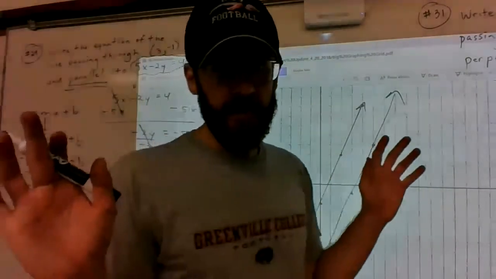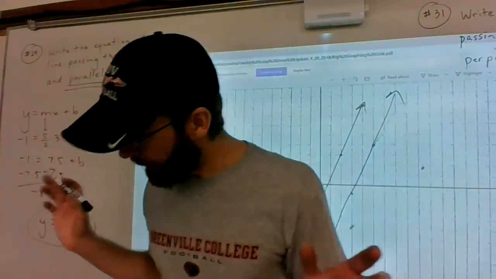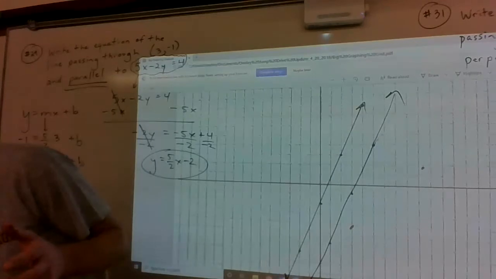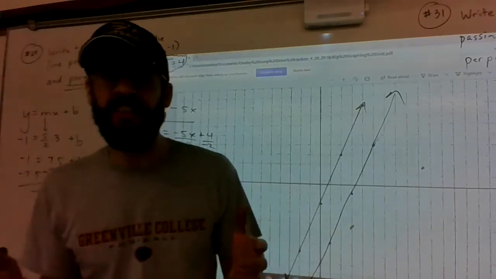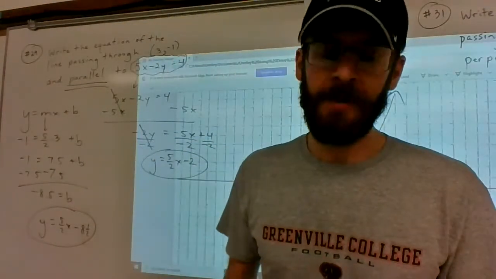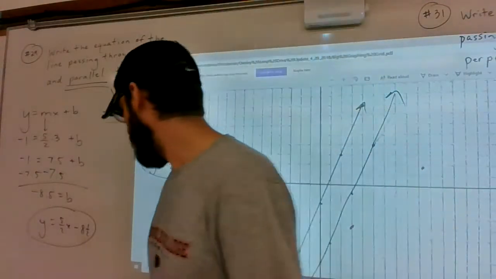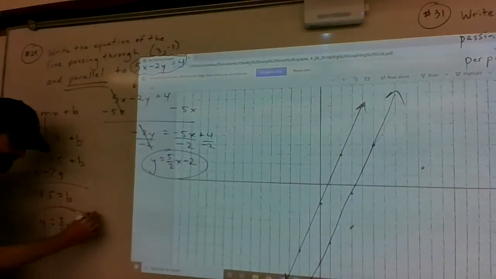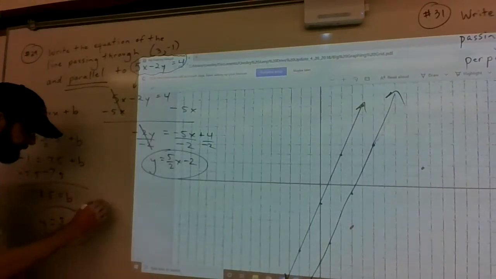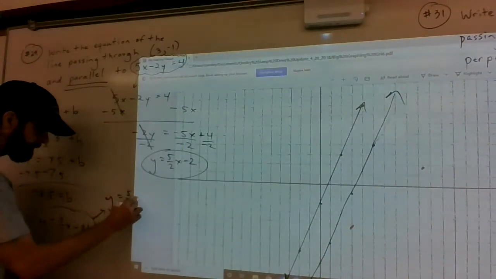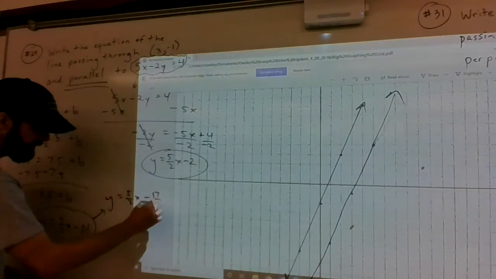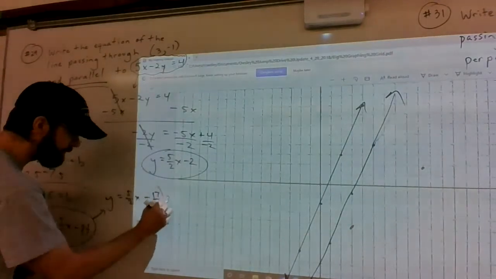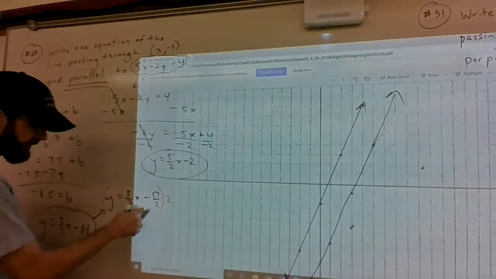I don't know if it says to put it in the general form. Oh, we're still in that space where it's asking for the general form. So technically, what we can do is say 8.5 is the same as 17/2. We can multiply both sides by 2, which gets rid of the 2's here and here.